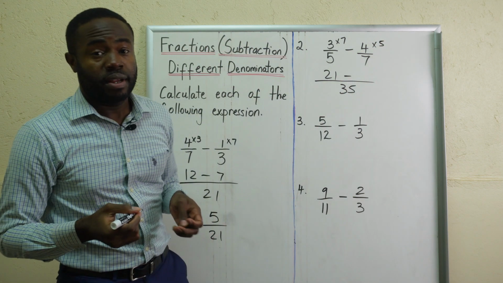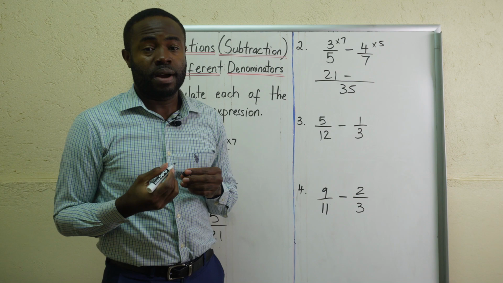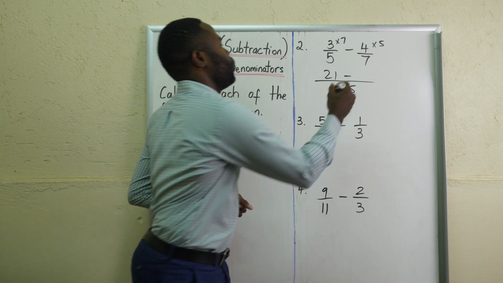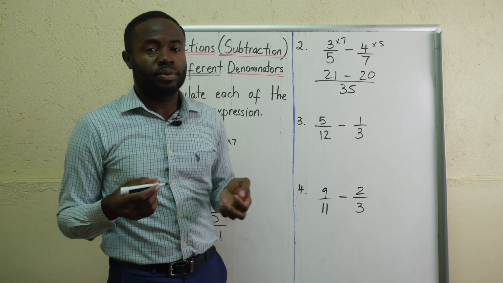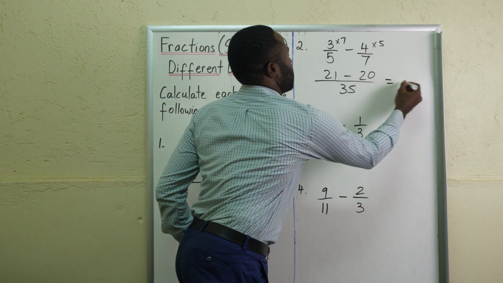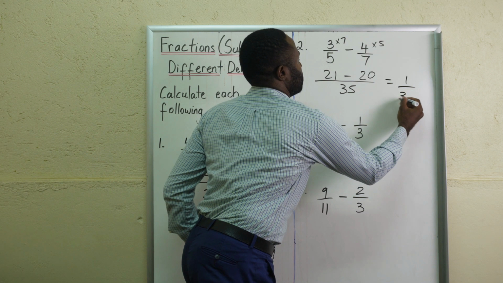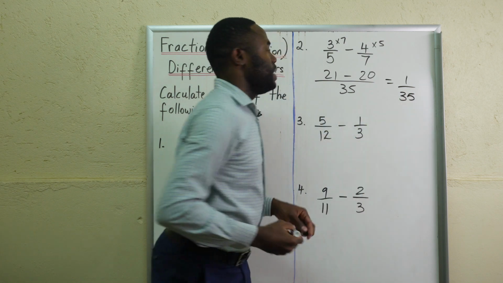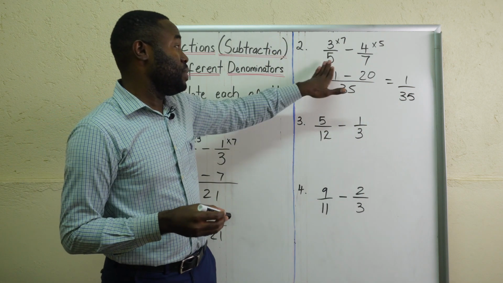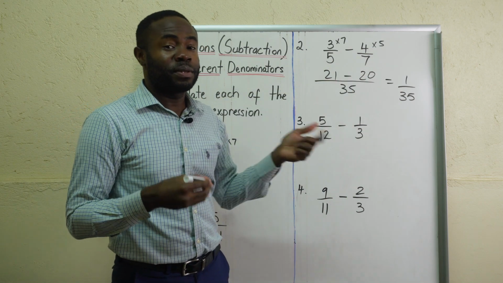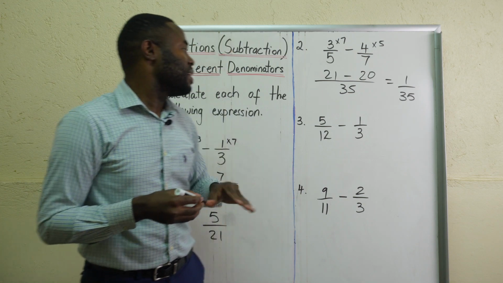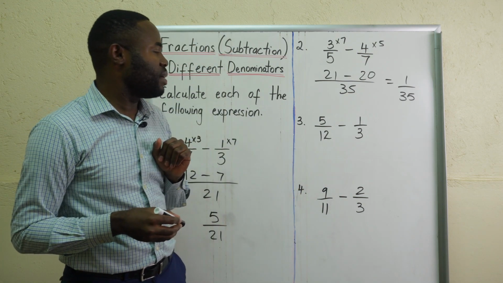After that, we're multiplying the 4 by the 5, and that will give us 20. So the difference between 21 and 20 will be 1. And again, we always put back our common denominator. Again, guys, we use this method when the denominators are not a what? Multiple of each other. All right, let's dive into number 3.